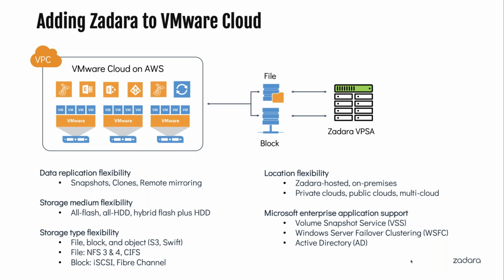If you want to use any type of VMware VAAI operations, we support that. For remote mirroring, we actually can set up a mirror from one VPSA to another region. So, for example, if you want to move your file shares, have a redundant copy at a different site, we can just do a quick snapshot into another VPSA, or we could do an object storage.